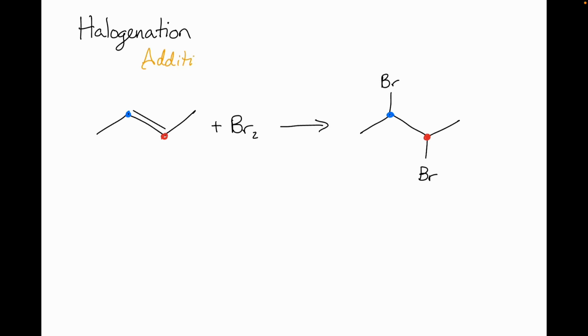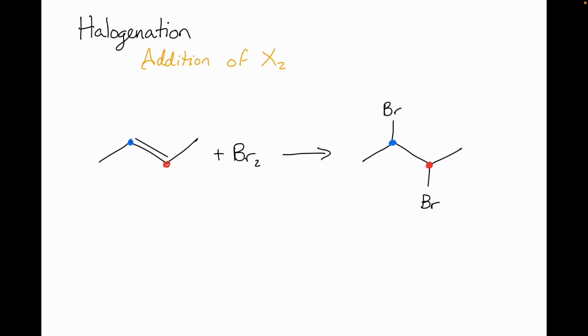So again, an addition reaction of now a diatomic halogen, addition of X2, where X is again Cl, Br, or iodine.